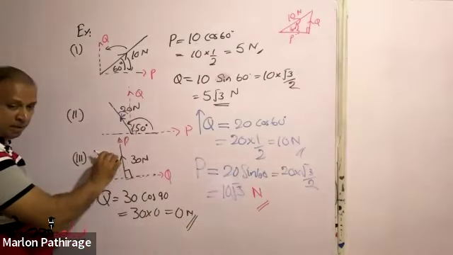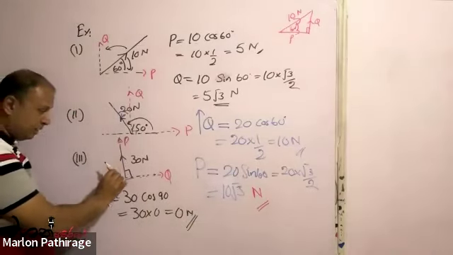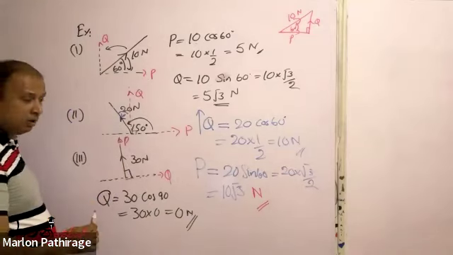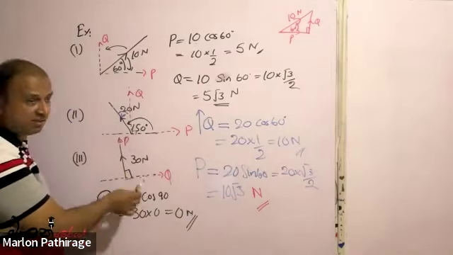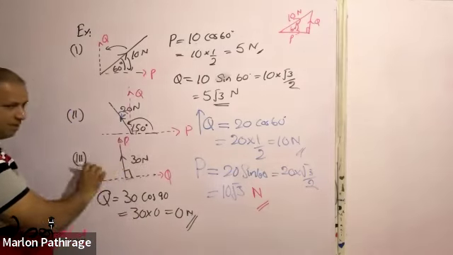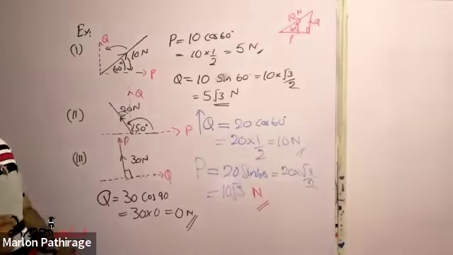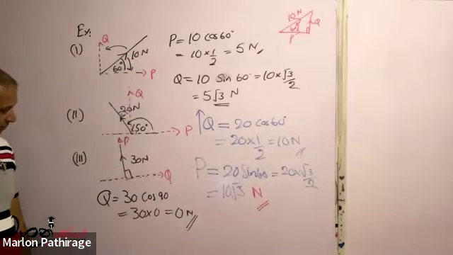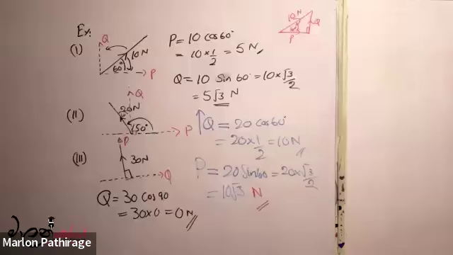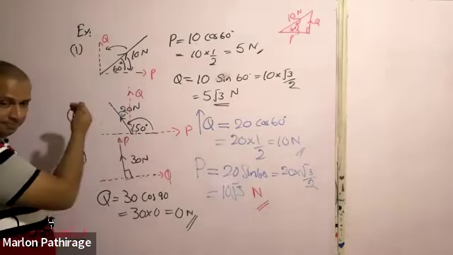Again, if you resolve into the 90-degree side, the resultant component will be 0. Q is 0, P is, can you remember that?